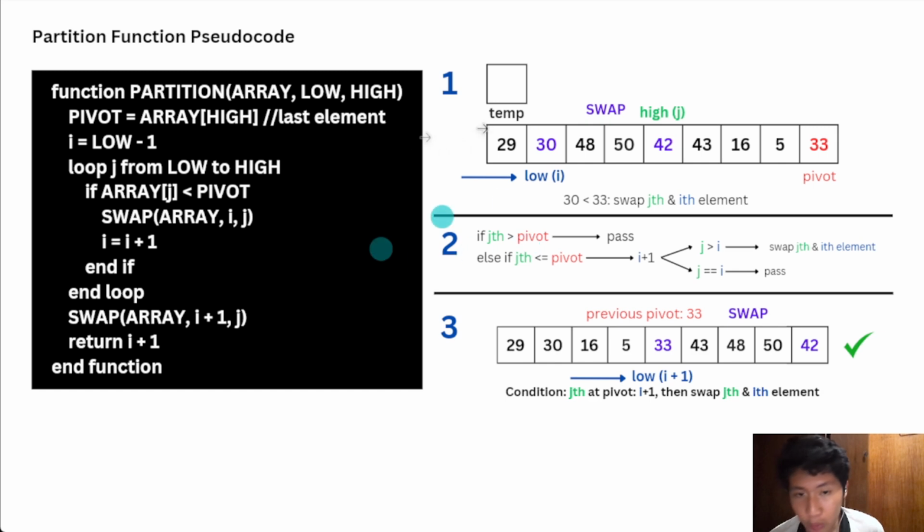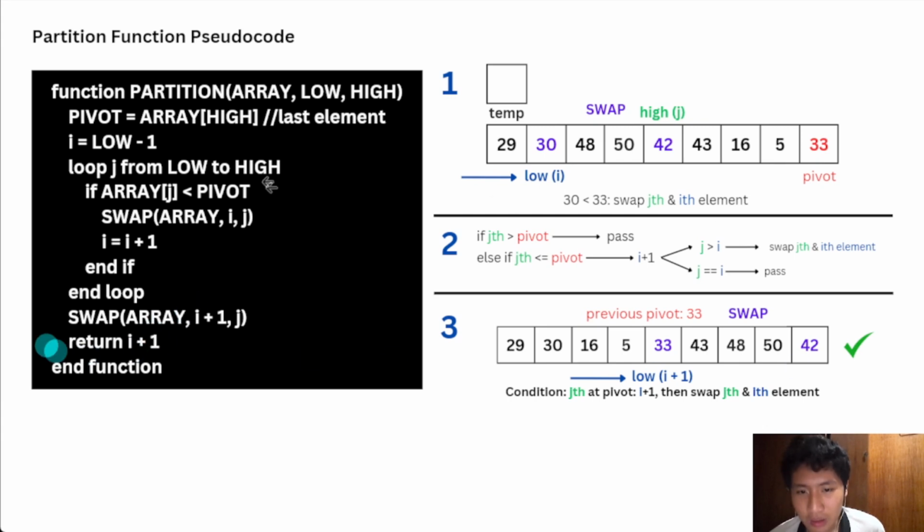And now for the loop part, we assign a parameter j from low to high. So looking at the second illustration, the if statement inside the loop corresponds to the else if statement, wherein if j is greater than or equal to pivot, then I plus 1, then swap the two elements if j is greater than I. Basically, just following the conditions, but in a more efficient way of code.